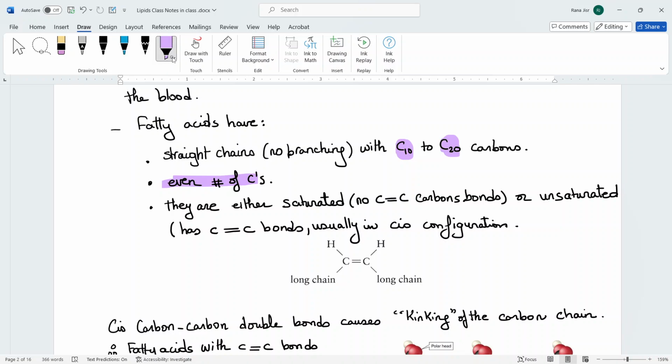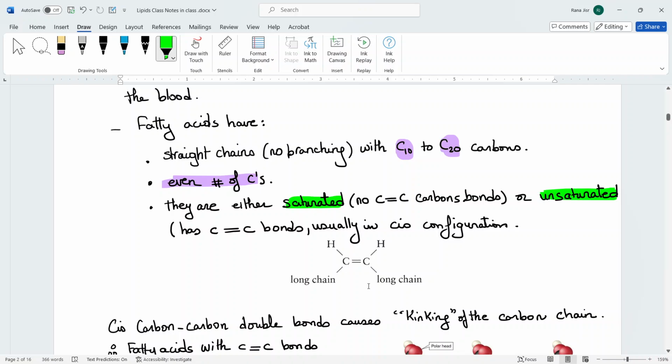Whenever you have a double bond, we call it an unsaturated fatty acid. This means that the double bonds are present. And there is an option also for fatty acids to have no double bonds. If they don't, then the fatty acid will be called a saturated fatty acid.